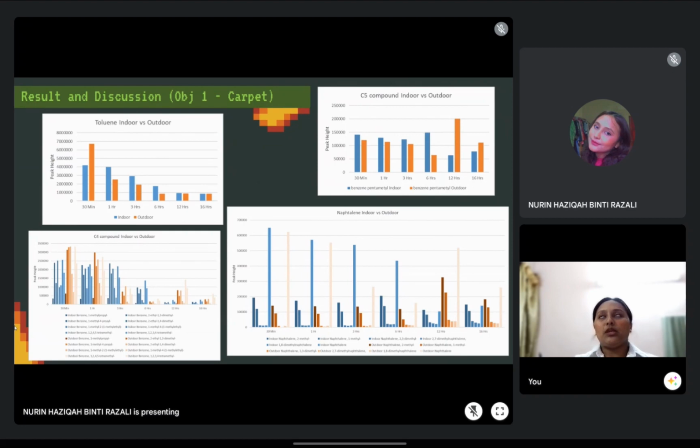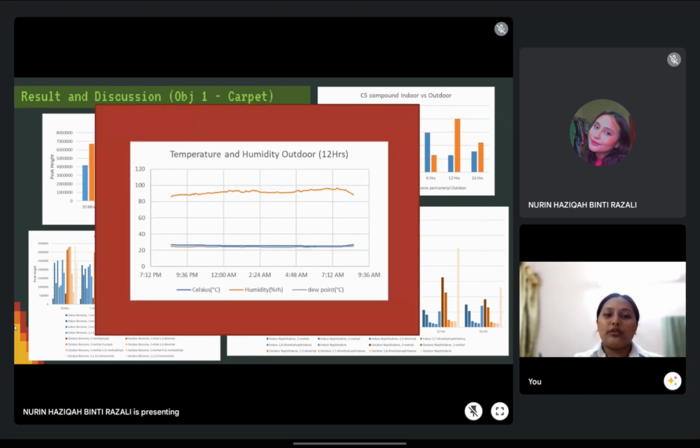As we all know, Malaysia has higher humidity and lower temperature at night. For this particular sample, we left the sample at night. This graph shows the range of humidity and temperature of the weathering process that occurred during the 12 hours outdoor sample.